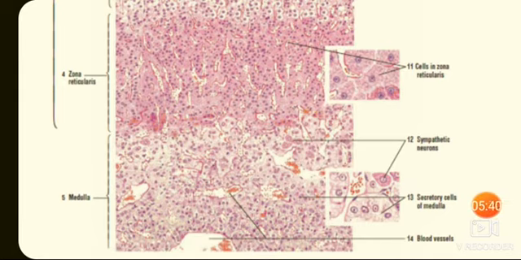The cells of the adrenal medulla take potassium dichromate stain, which is a salt of chromium. Hence, these cells are also known as chromaffin cells or pheochromocytes, and this reaction is also known as chromaffin reaction. The cells of the adrenal cortex are not chromaffin cells.